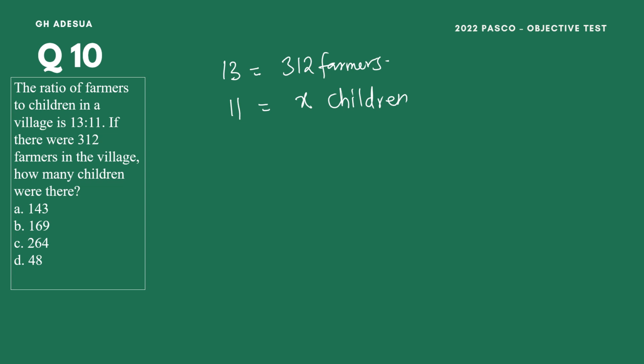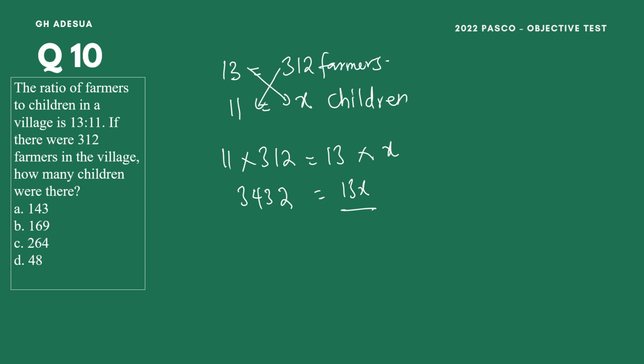Now when you do a cross multiplication, we're going to have 11 by 312 by 13 times x, that is the actual number of children. So I'm going to have 11 by 312, which is 3,432, by 13x. Divide through, since we're looking for the number of children, which is x, by 13 and 13.